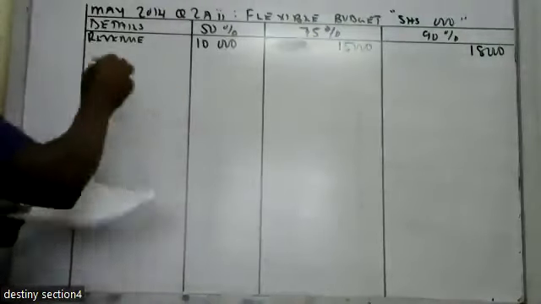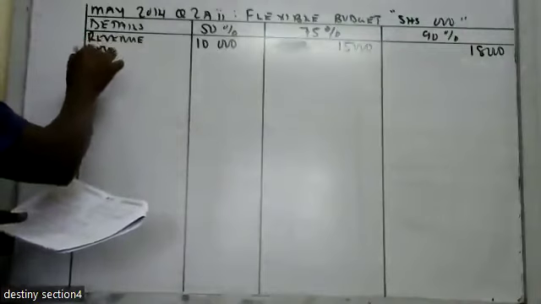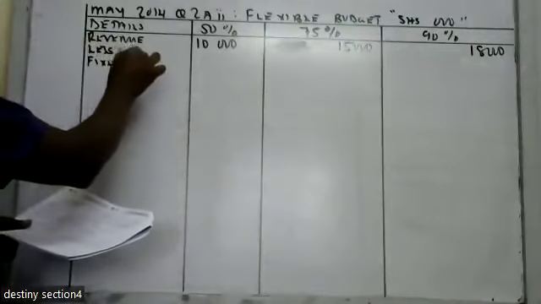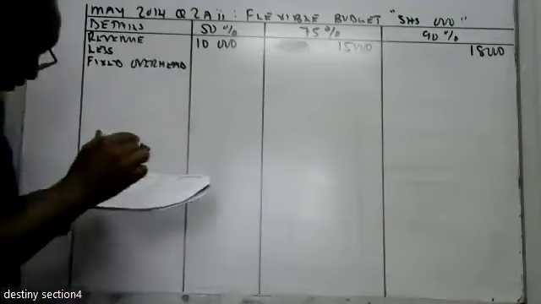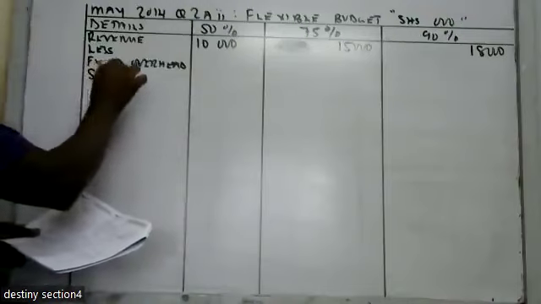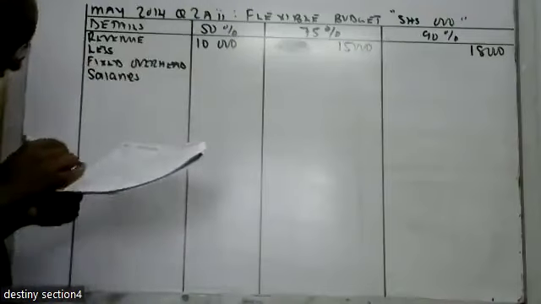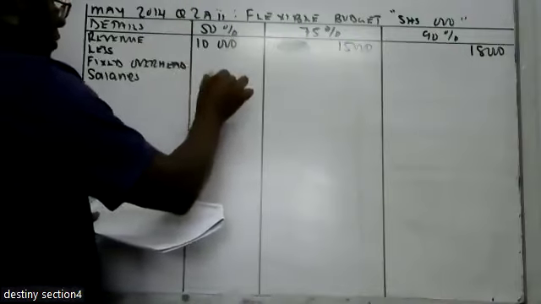You less fixed overheads. Fixed overhead, we have salaries. Salaries, this is 1.6, so 1,600.